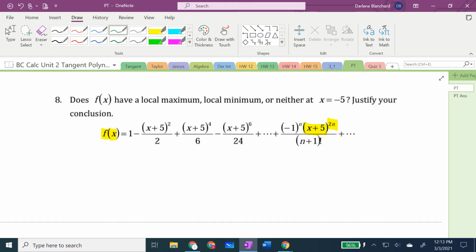You are going to use the second derivative test. Keep in mind that if you try to show this in any other way, it will actually not be adequate, and there are reasons. For one, you do not actually know any derivative values of f of x near x equals -5.